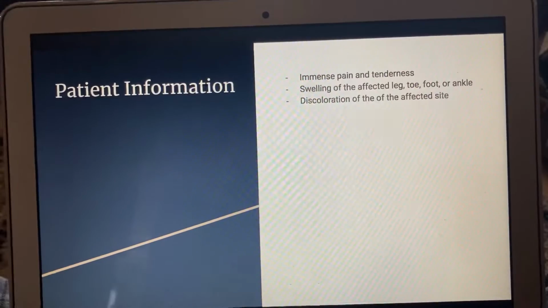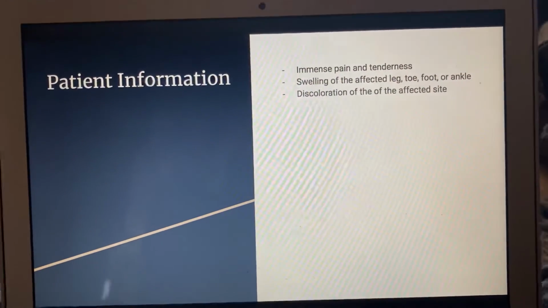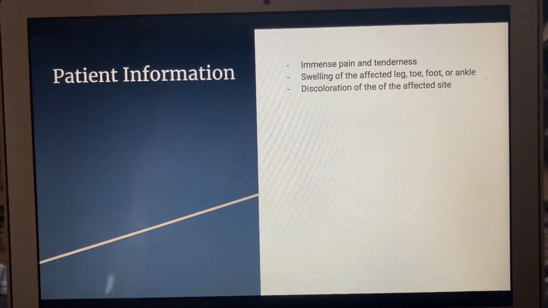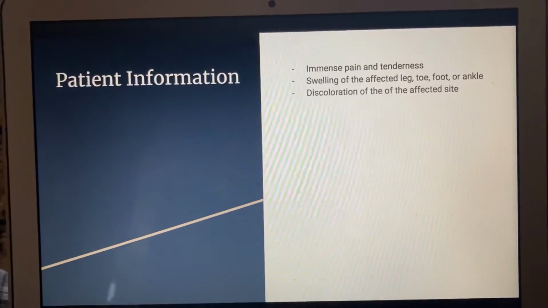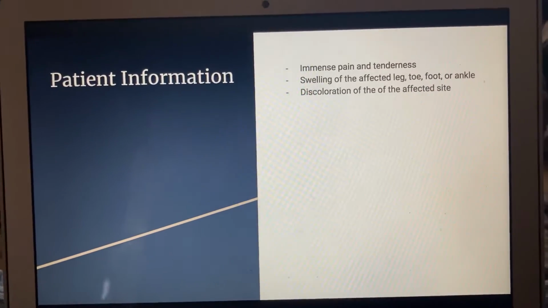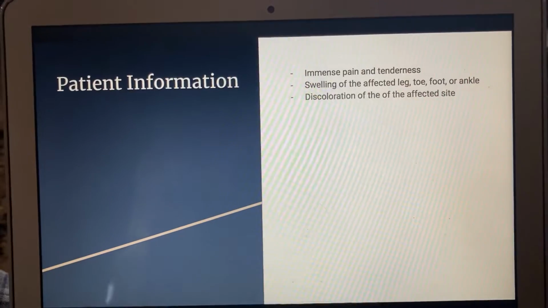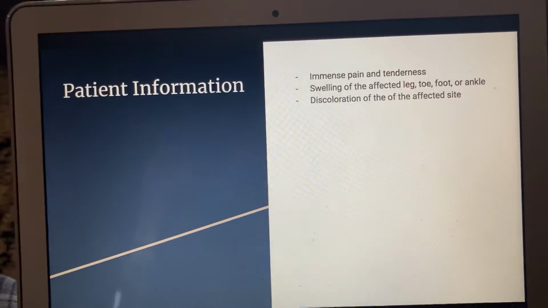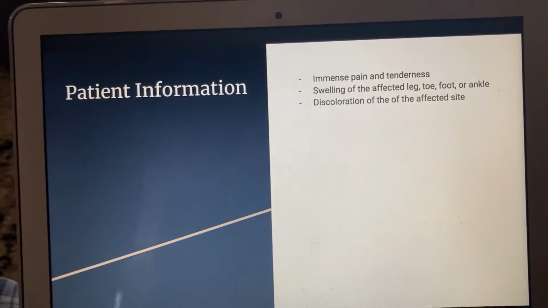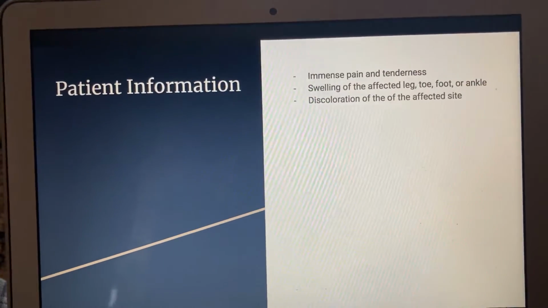That's the most common location of where these ulcers occur. And then discoloration of the affected site. The ulcer typically has a white, opaque, or creamish colored border before it gets even more infected.